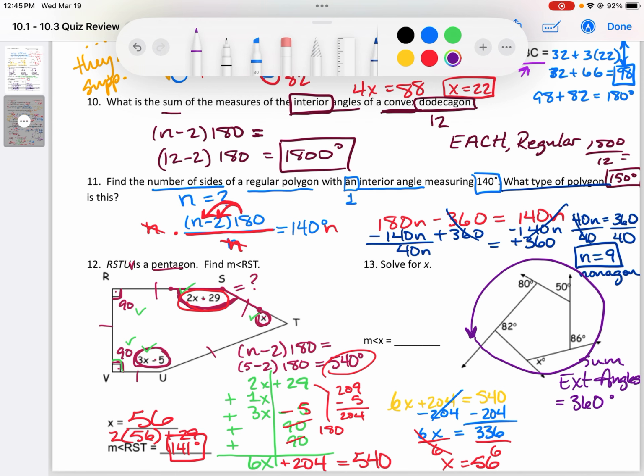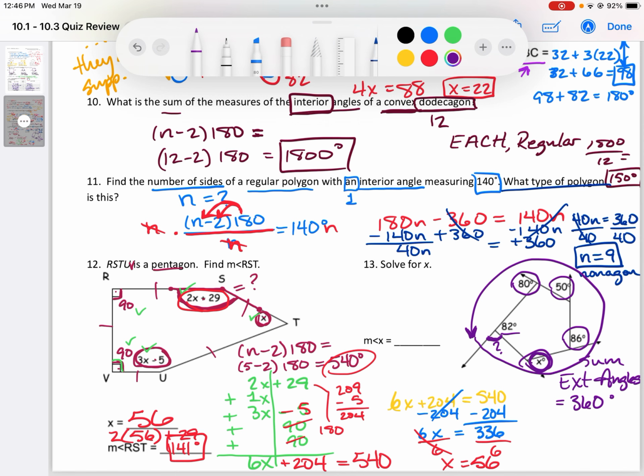So I know that these numbers need to add up to 360. Now, one kind of unique thing about this one is you can see this angle's on the outside. This one's on the outside. Outside, outside, inside.